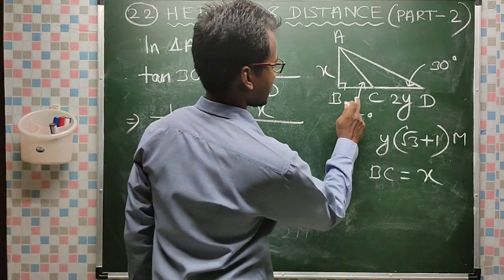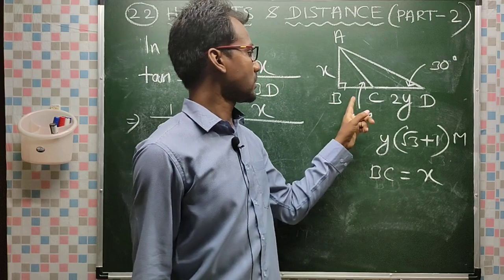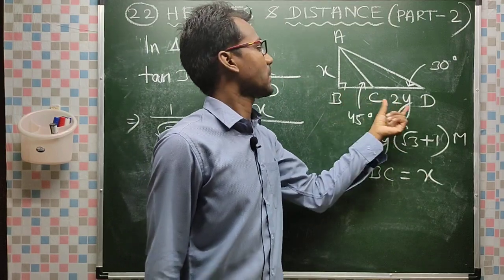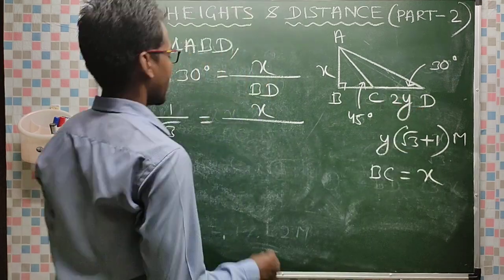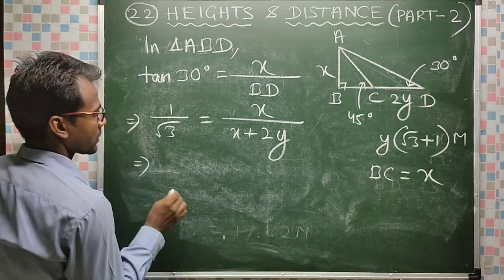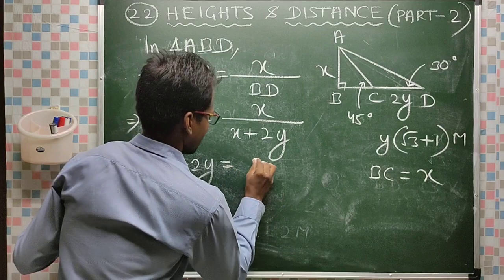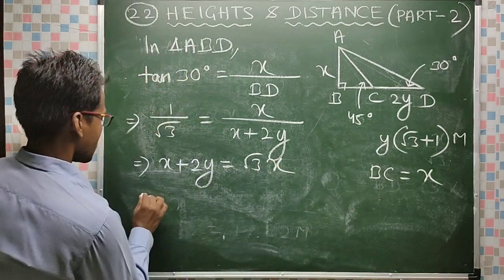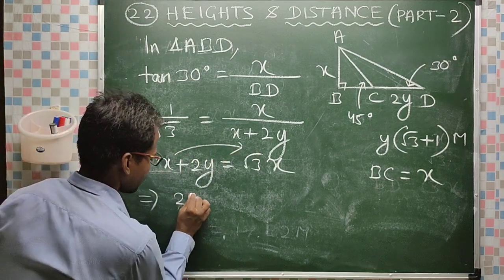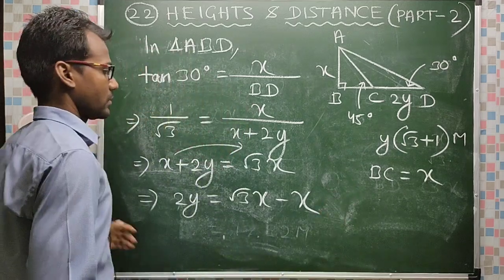What is BD? If you look at the figure, BD is BC plus CD. What is BC? x. So BD is x plus 2y. On cross multiplication, we get x plus 2y is equal to root 3x. Our target is x, so let us take this x this side. 2y is equal to root 3x minus x.